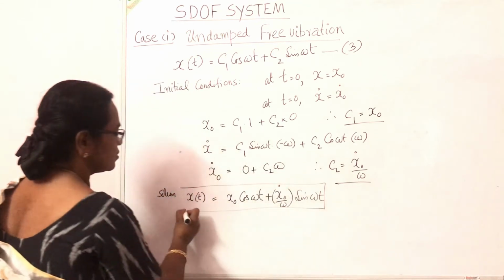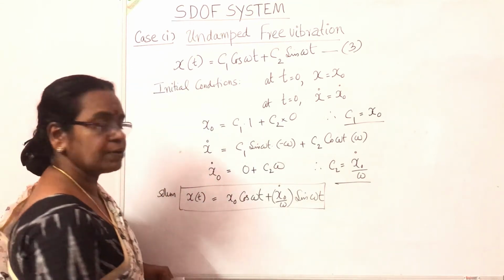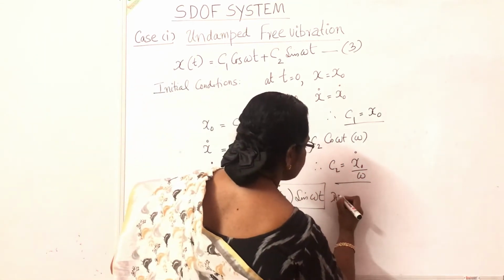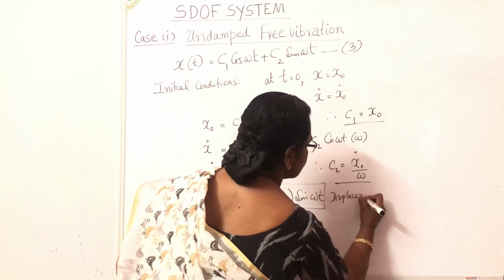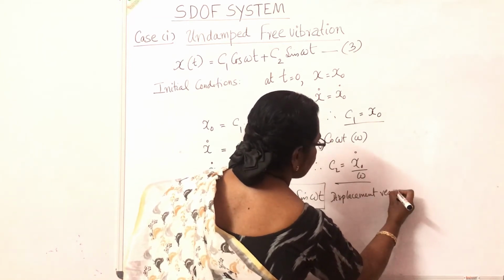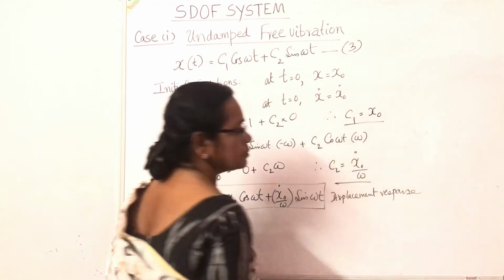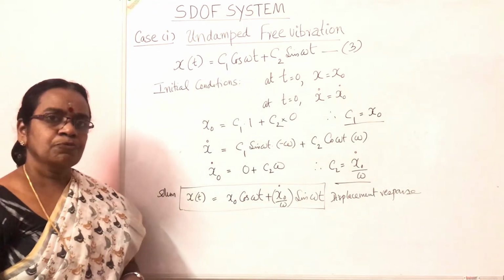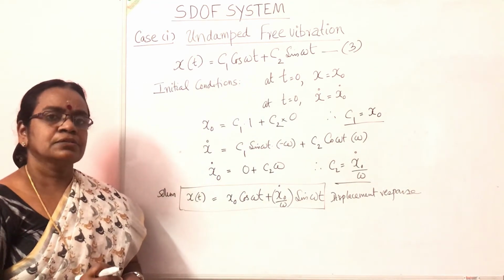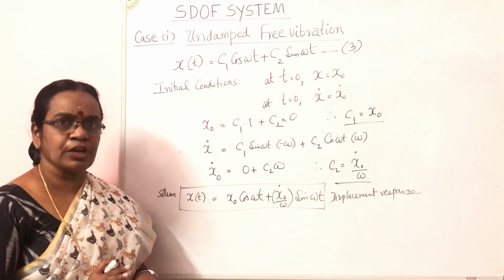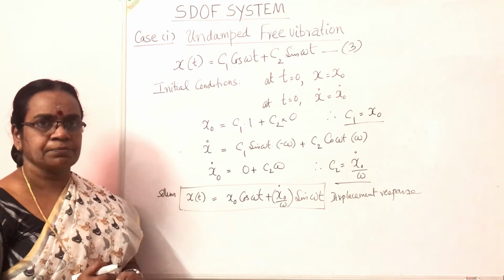This is called the displacement response. Displacement response means the variation of displacement with respect to time of a single degree of freedom system subjected to free vibration with no damping.